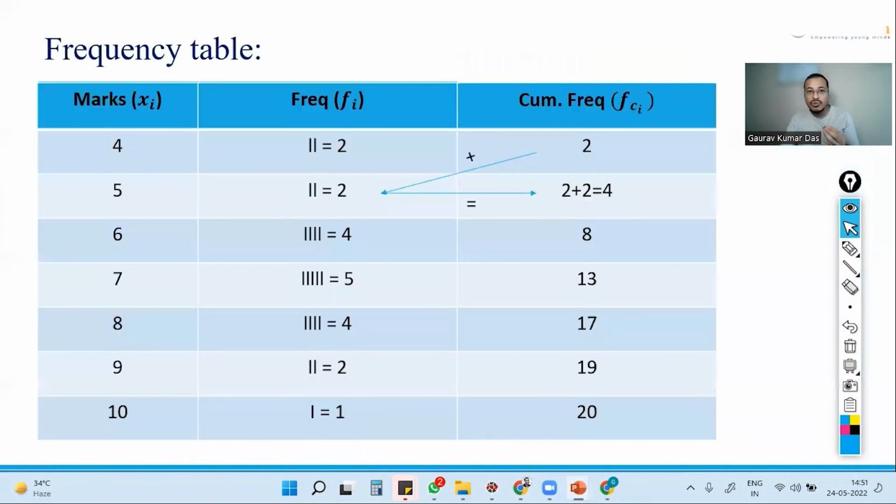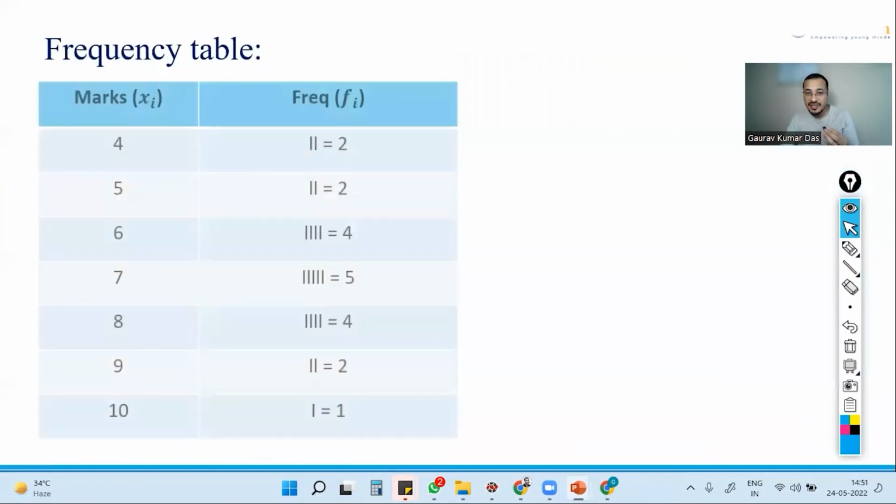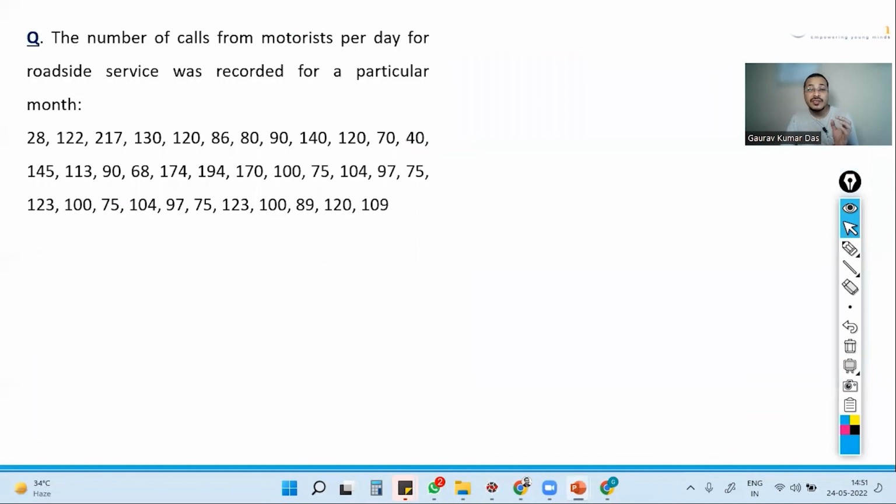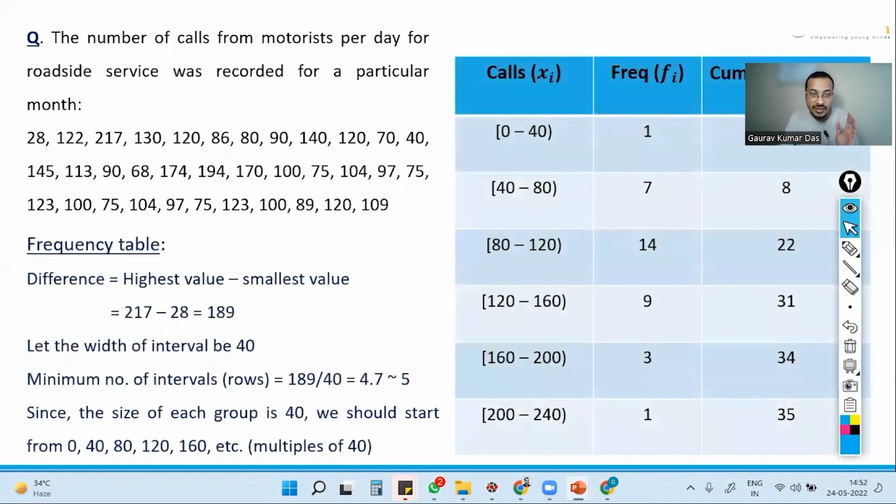So we got to know how to calculate frequency for a discrete table like this, or discrete data points rather, and we also got to know how to calculate frequency for a continuous data set. Based on this, we do the visualizations of count plot and distribution plot, right?